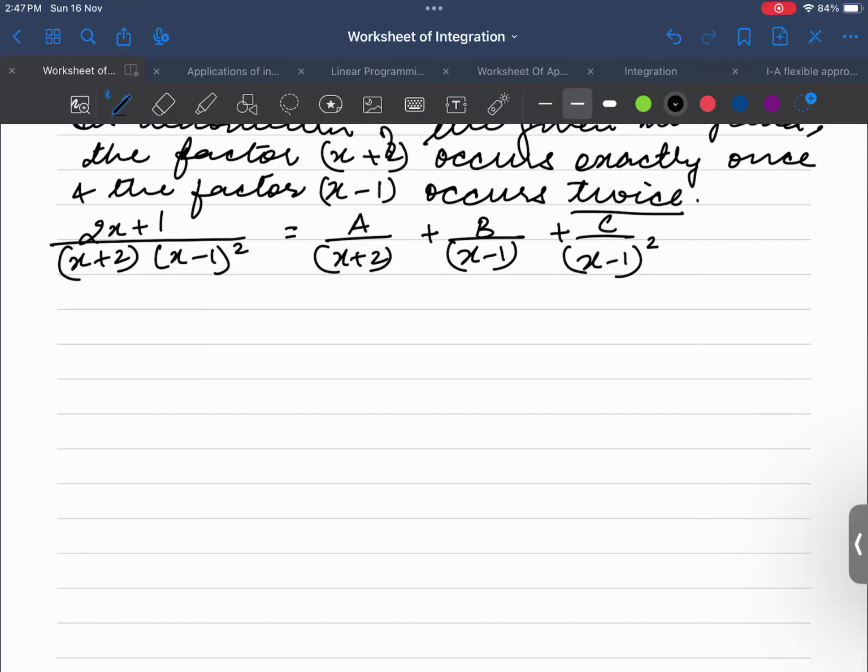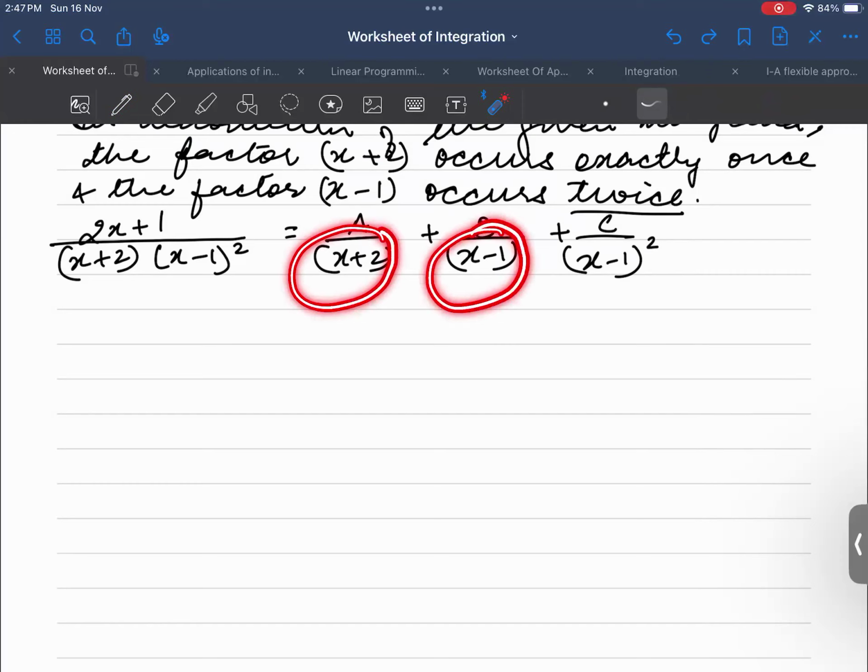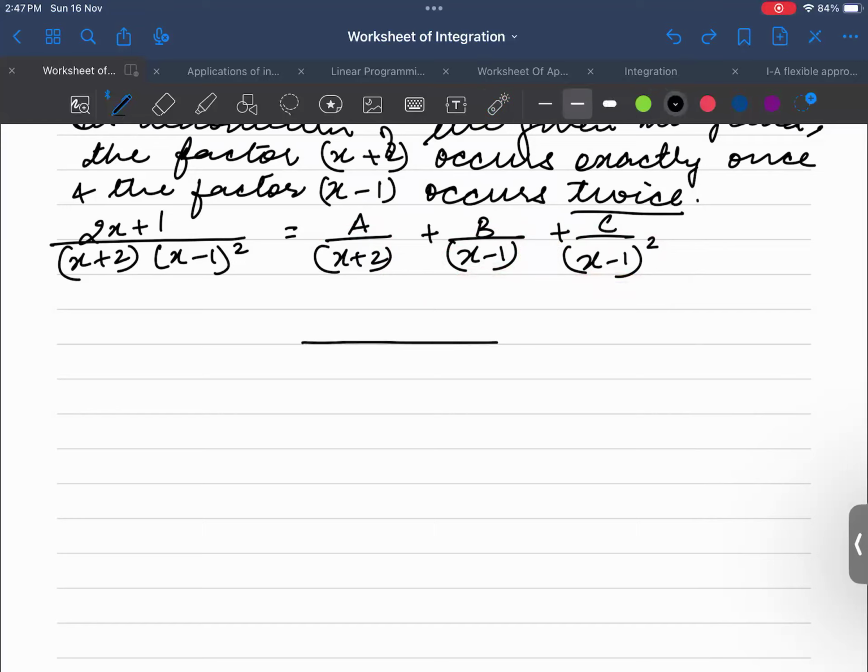So if I take the LCM, I think you are understanding, it was occurring once, so we have kept it once, and x minus 1 was twice, so we have taken it in B and C, x minus 1 and then x minus 1 whole square. Now both denominators are different. If I take the LCM, the way I have done in the previous questions, it would be (x plus 2)(x minus 1)(x minus 1) whole square.